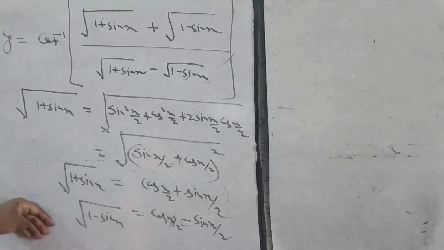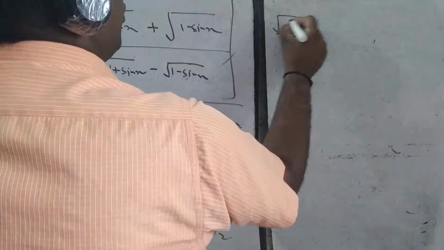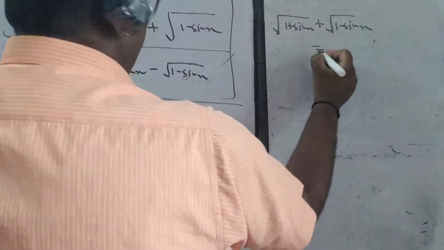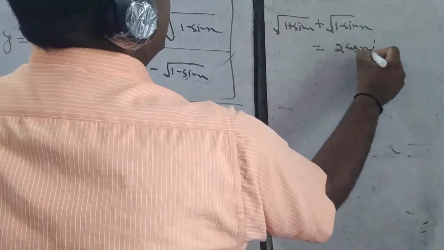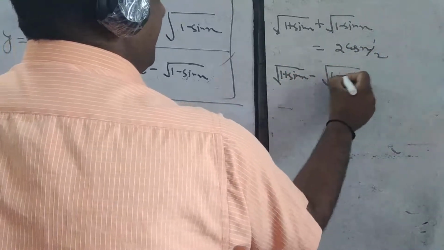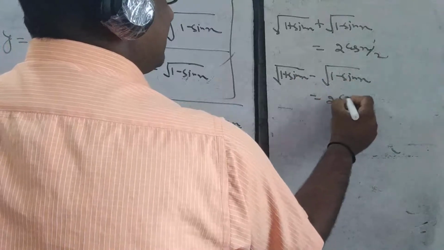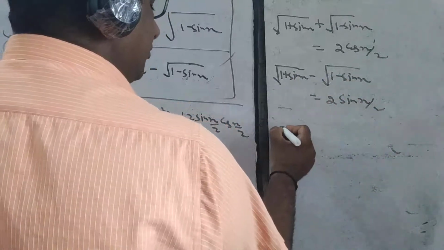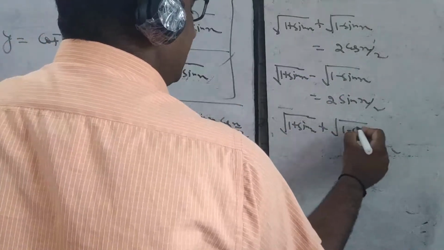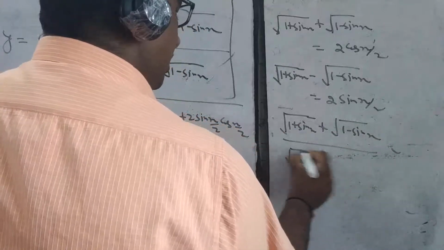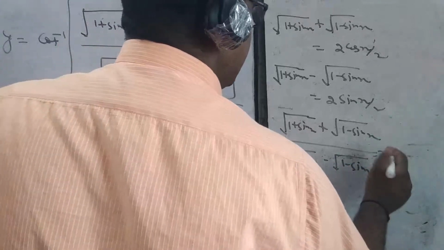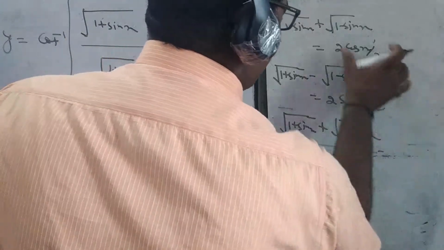If you add both, then what happens? Root 1 plus sin x plus root 1 minus sin x, you get 2 cos x by 2. If you subtract both, then you get 2 sin x by 2. If you divide both of them, root 1 plus sin x plus root 1 minus sin x upon root 1 plus sin x minus root 1 minus sin x, then it is cos x by 2 by sin x by 2.